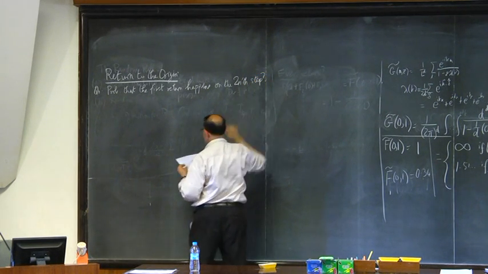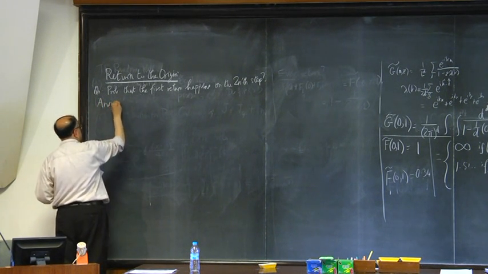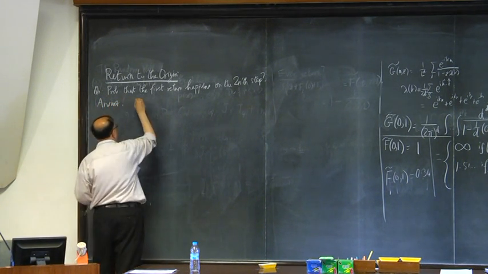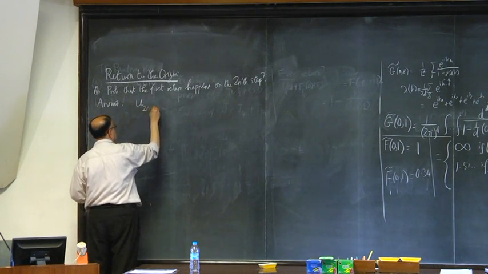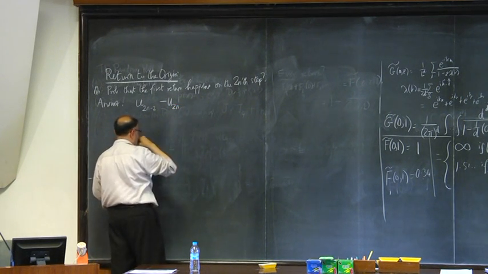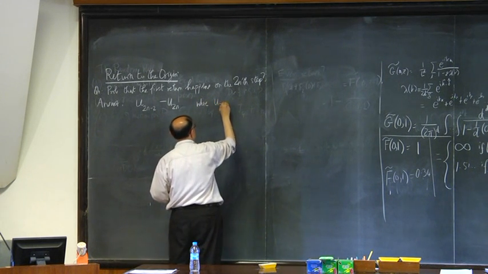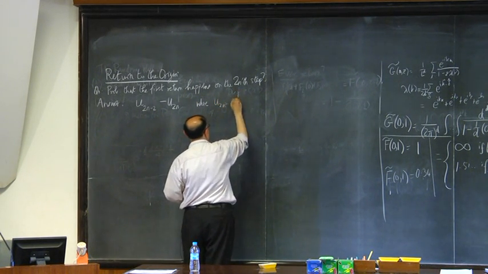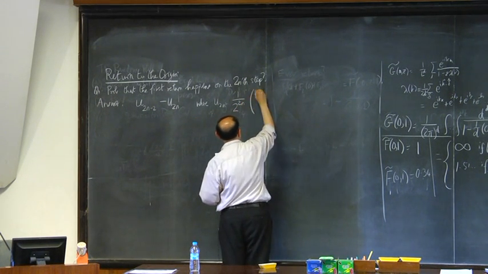We are asking for this. I'll give you the answer as well. It's u_{2n-2} minus u_{2n}, where u_{2n} is equal to 1 over 2 raised to 2n, times 2n choose n.